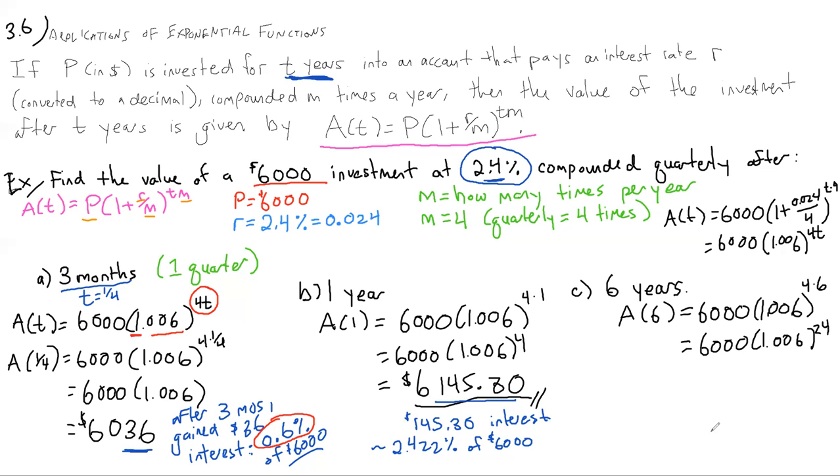And I'll work that out, 6,000 times 1.006 to the 24. And for this one, we're going to get 6,926.32. So after 6 years, you make almost $1,000, essentially.